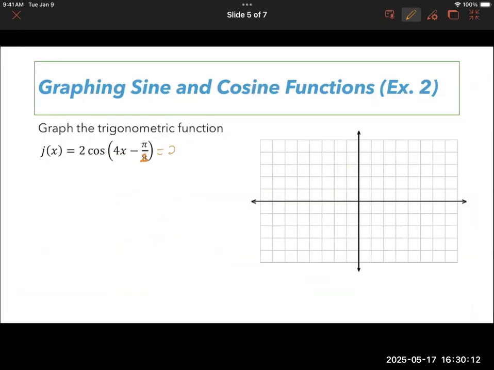So we need to rewrite this first by bringing the 4 out, and that makes this pi over 8 now, since it was supposed to be pi over 2 to start with. Factoring out the 4 means I have pi over 8 being subtracted from the x.